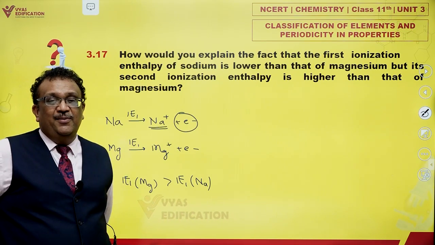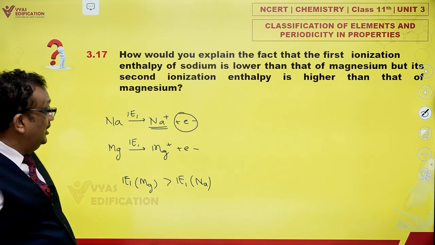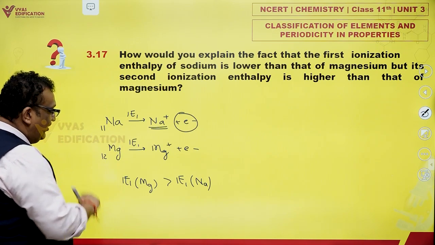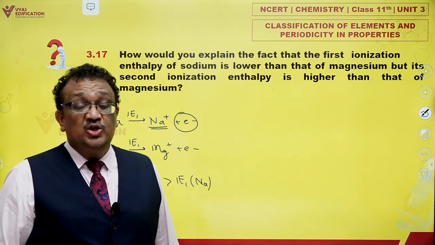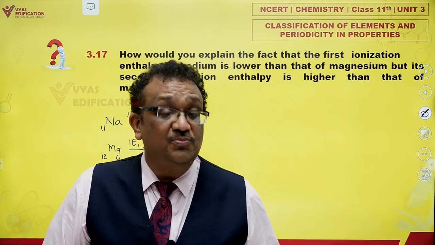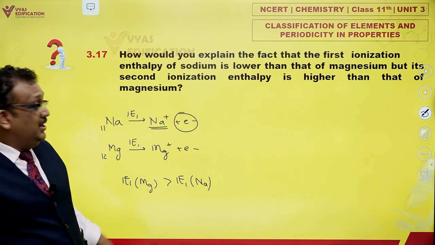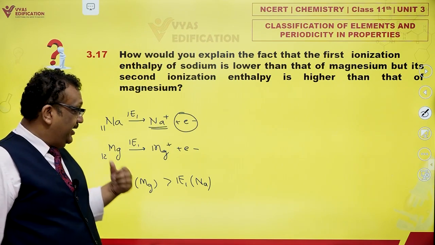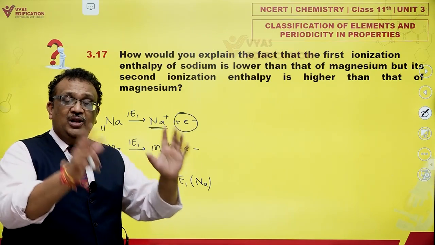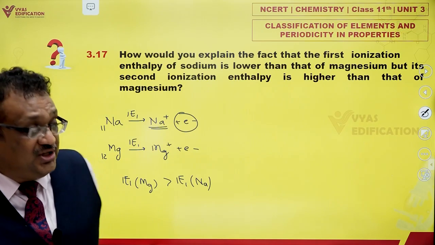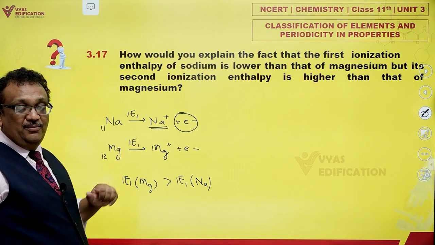Magnesium does not gain any benefit of noble gas configuration, and not just that, sodium's nucleus has 11 protons while magnesium has 12. 12 protons attract the electrons more strongly in magnesium as compared to 11 protons in sodium. And because of these reasons, magnesium finds it difficult to let the electron go, and that is why it has higher first ionization energy as compared to sodium.